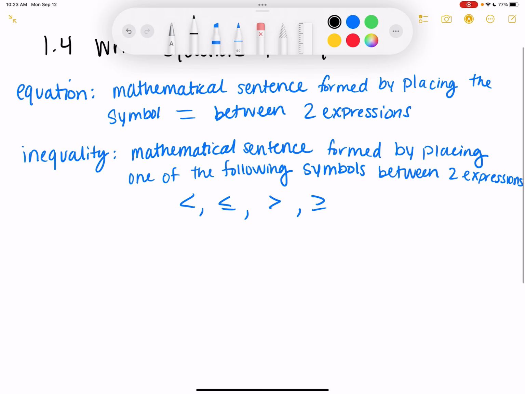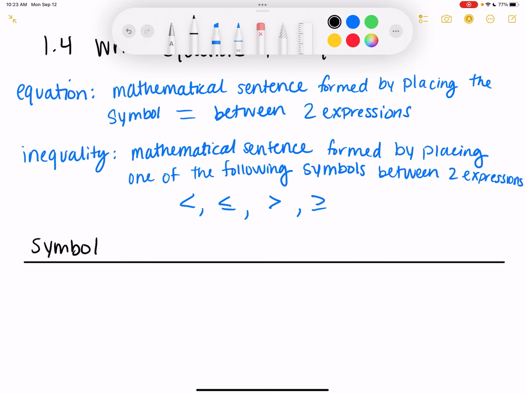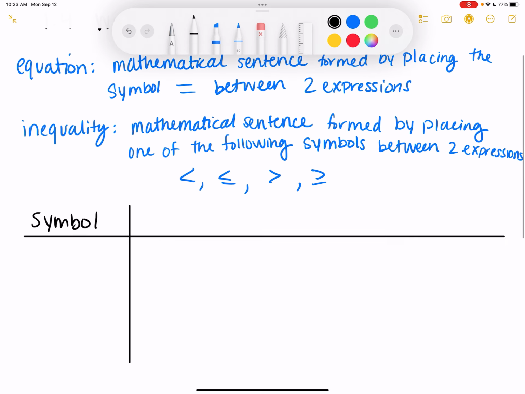All right, and then just so you see the words that might reference which of the symbols you're supposed to use, I'll draw out a little chart like I did in the last section. And then the meaning and the associated words.